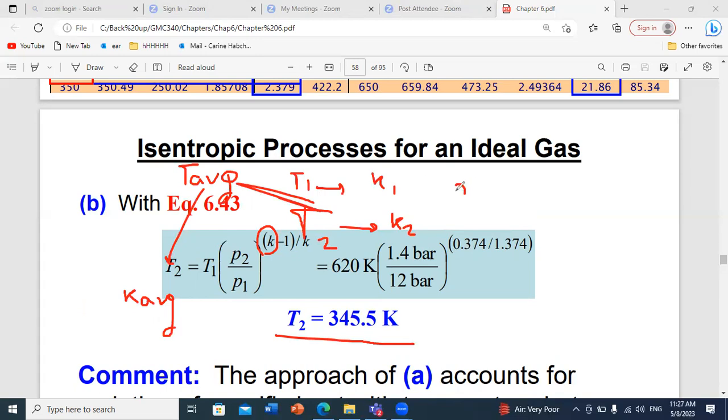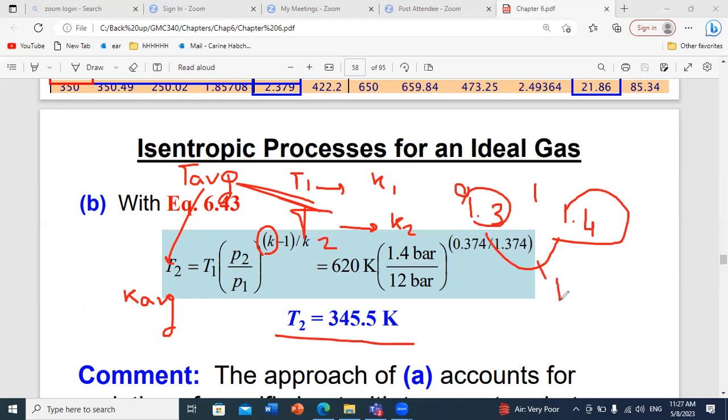If K varies, let's take a logical value, from 1.3 to 1.4, okay? Instead of taking K only 1.3 or just 1.4, you can say, because K will vary between these two values, let me take an average value of K between these two.